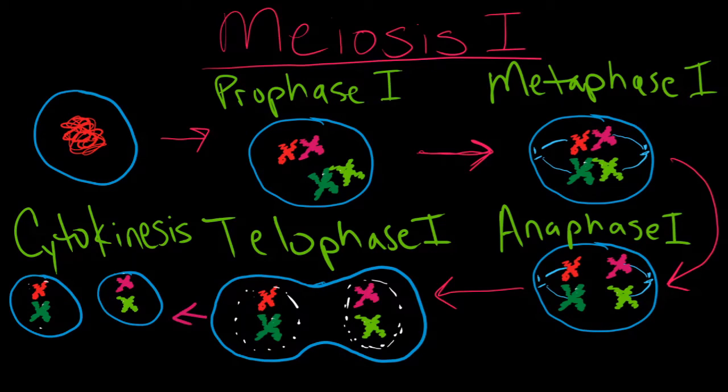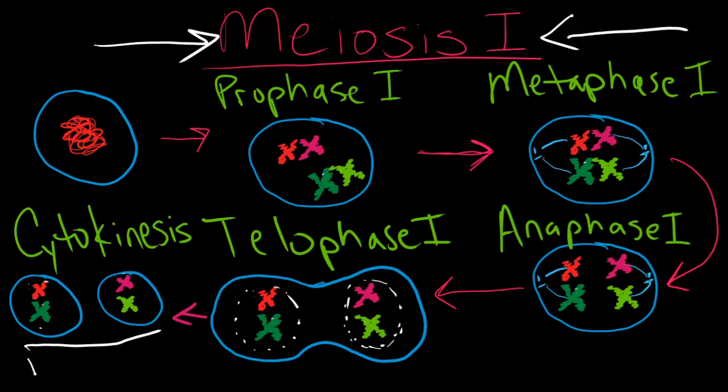So after meiosis 1, we end up with two cells that are both already haploid, because they have half the regular number of chromosomes.